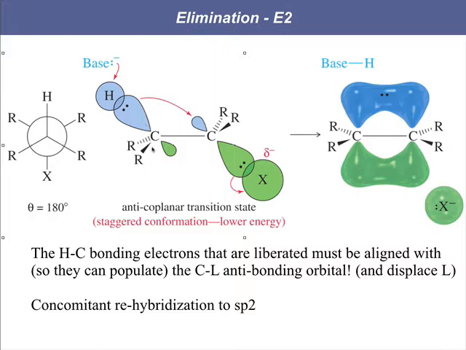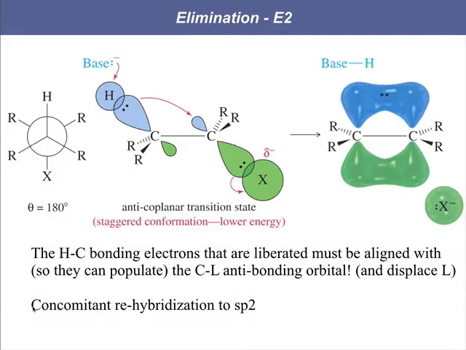So the hydrogen carbon bonding electrons that are liberated must be aligned with the carbon leaving group antibonding orbital so that they can populate that antibonding orbital, and as a result of that, displace the leaving group.